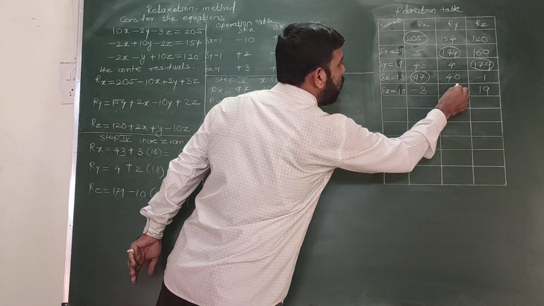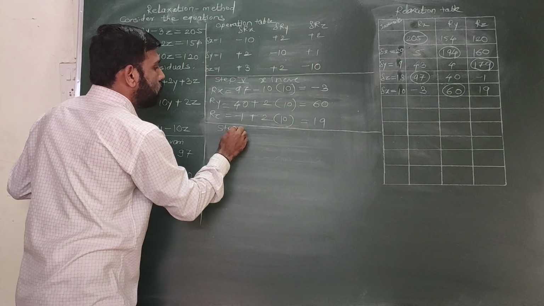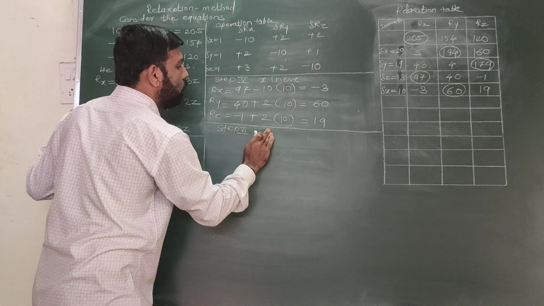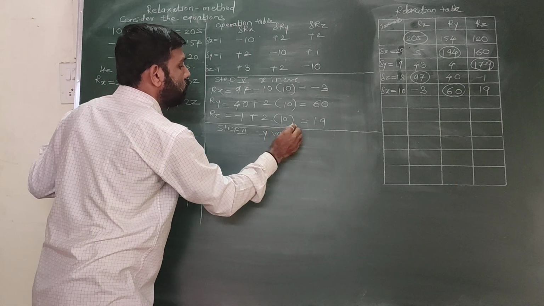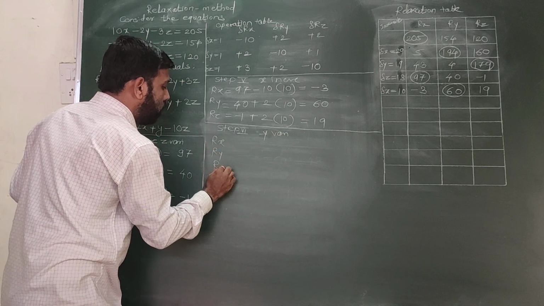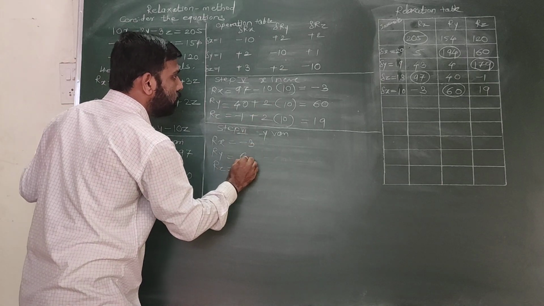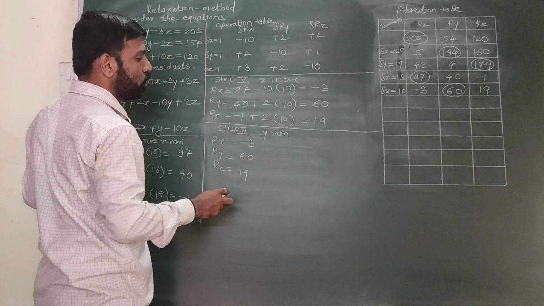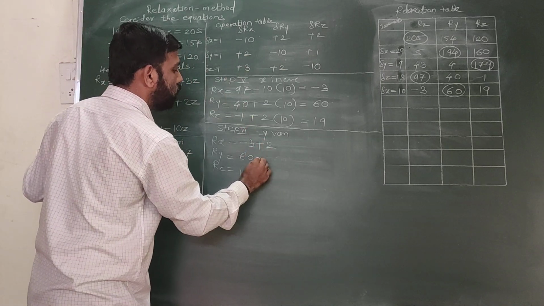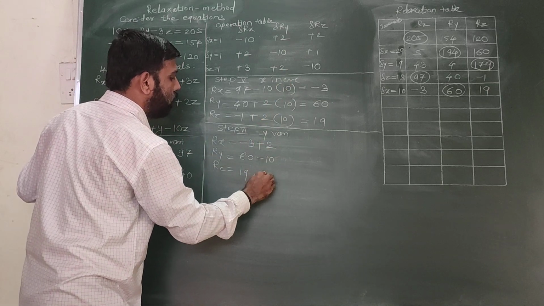The next numerically largest value is 60. Step 6, choose increment in y variable. Rx, Ry, Rz: minus 3, 60, 19. Y variable increment. So y coefficients plus 2, minus of 10 and plus 1.